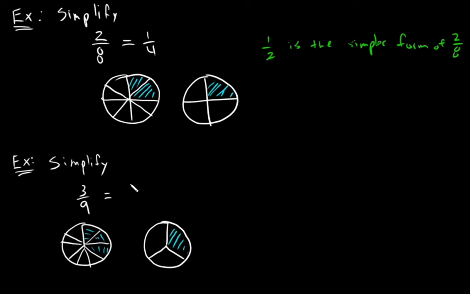That means that 1/3 is a simplified version of 3/9. 1/3 is the simplified form, or the simpler form, of 3/9.